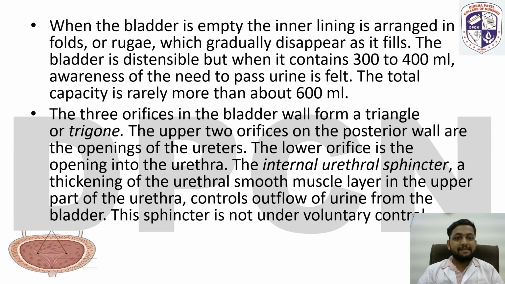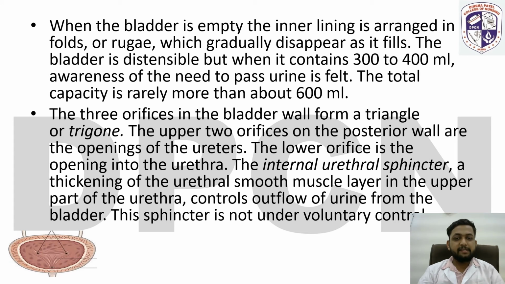The total capacity is rarely more than about 600 ml. So it is easily known that the capacity of the bladder to store urine is 600 ml, which is an important question asked in many competitive exams.